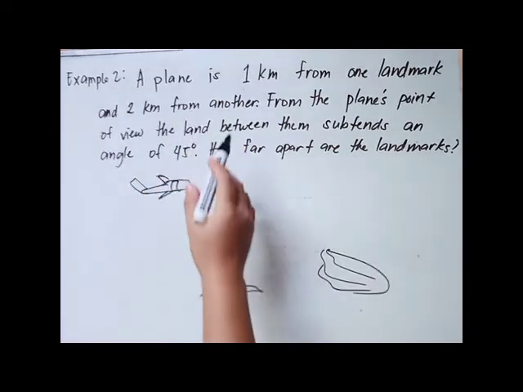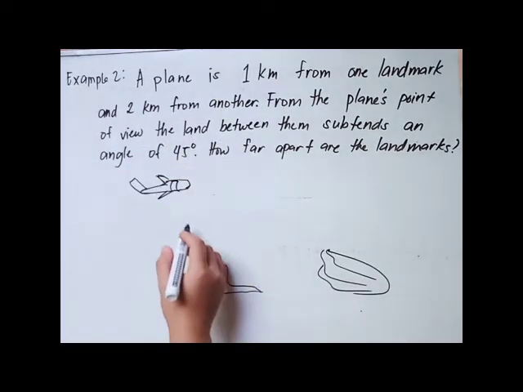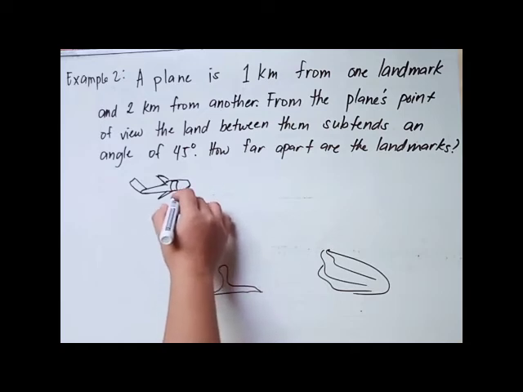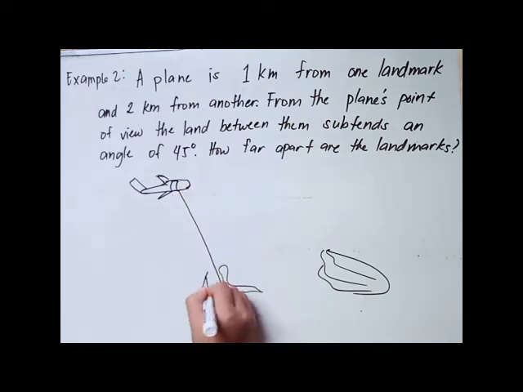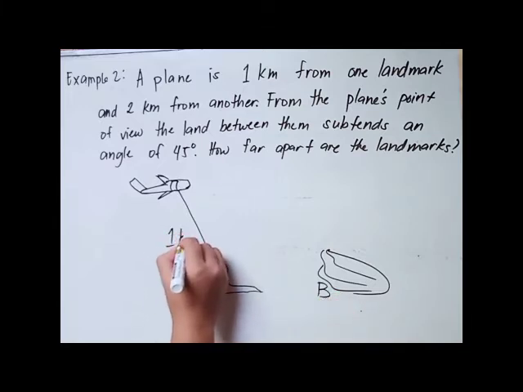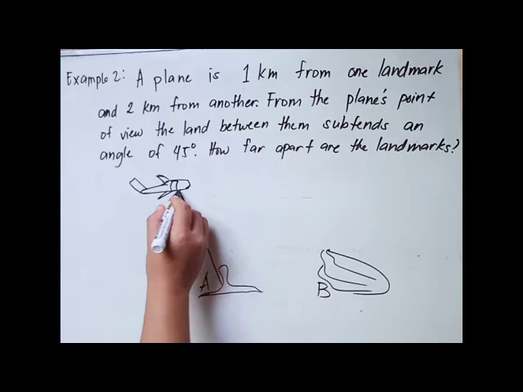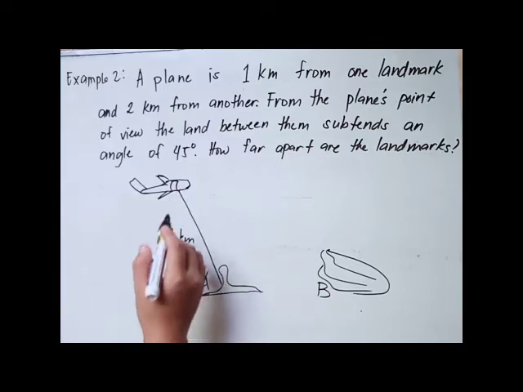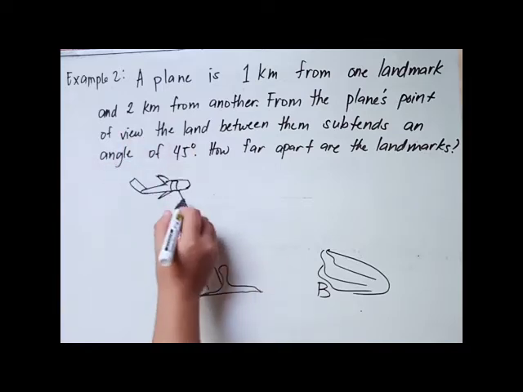It says there, a plane is 1 kilometer from one landmark. So let's say this is landmark A and this is landmark B. So this is 1 kilometer and 2 kilometers from another.